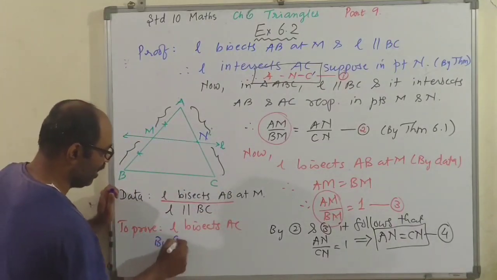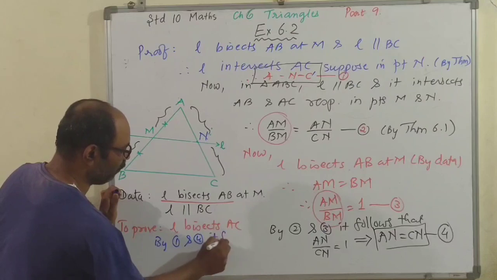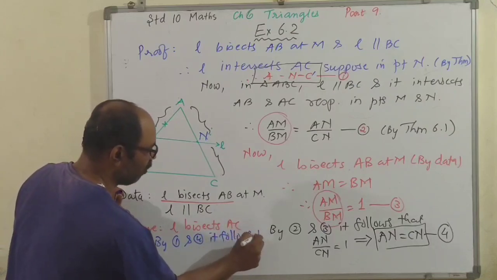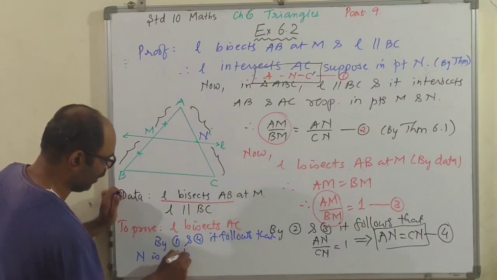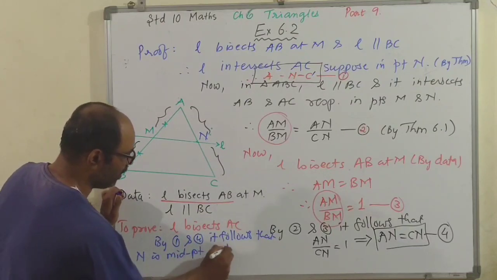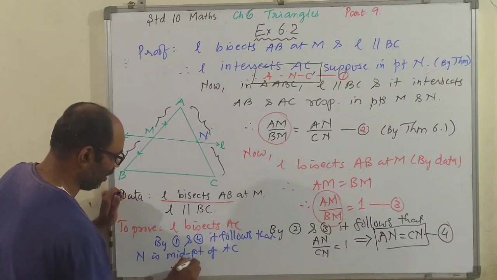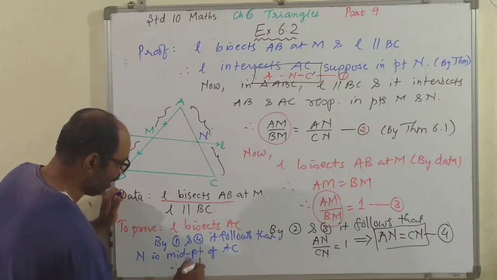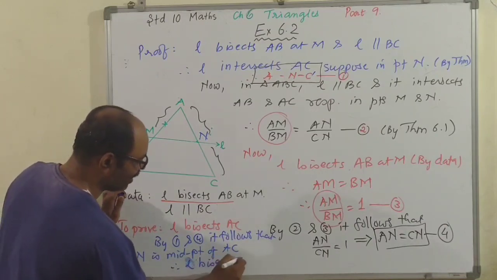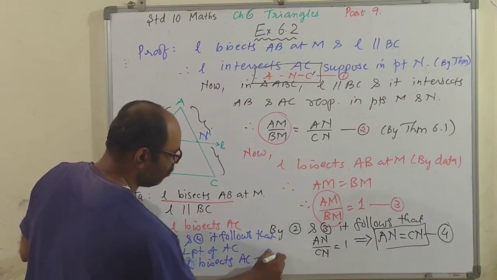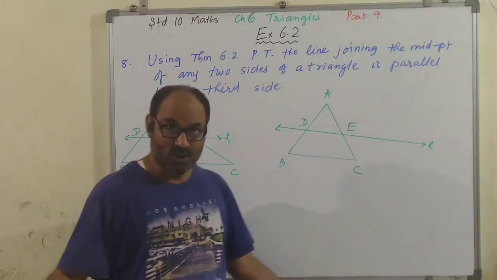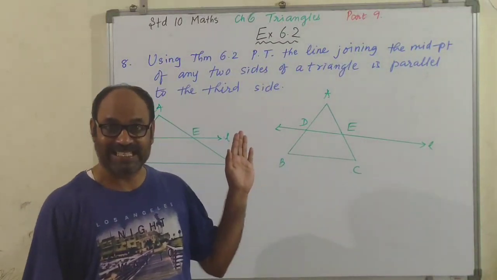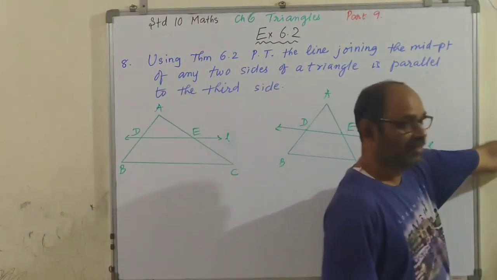By 1 and 4, it follows that N is midpoint of AC. Therefore, L bisects AC. Proved. Clear to you, children? Sure? So fine. Let's move on to the next sum. Alright?